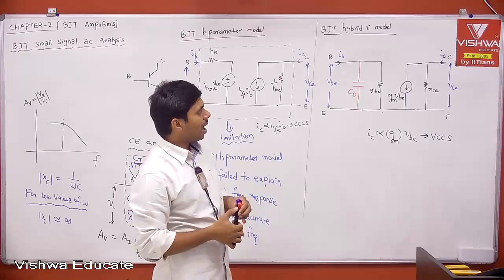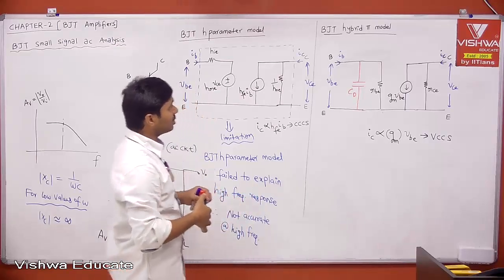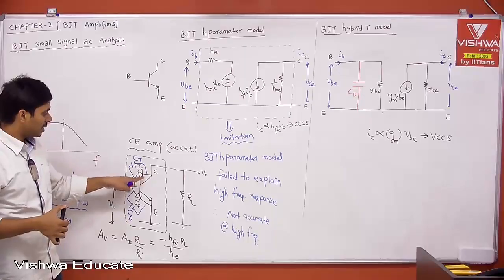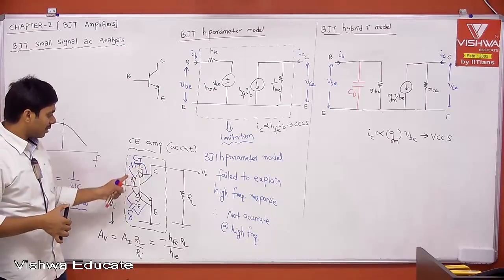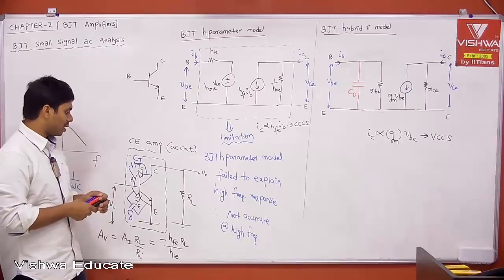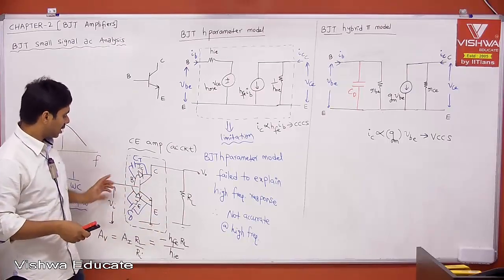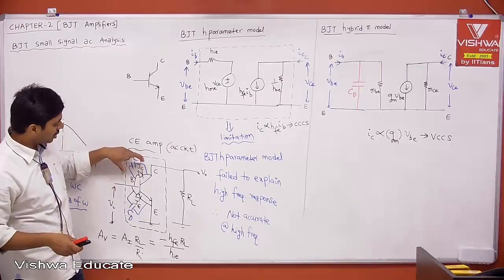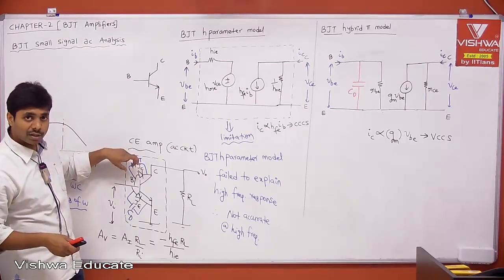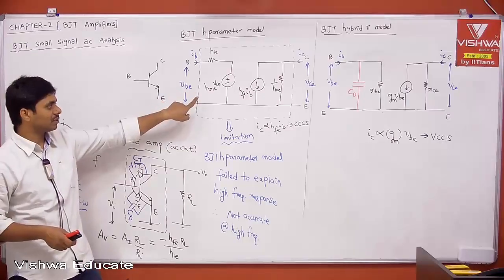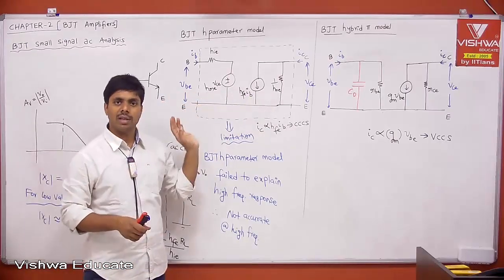We have a reverse biased PN junction diode between collector and base, and because of it we have base width modulation. What is base width modulation? When VCE is increased, keeping VBE constant, your VBC is changing, and that changes your base width, the base current, and the collector current. That is what we have seen. That's why HRE and 1 by HOE are added.